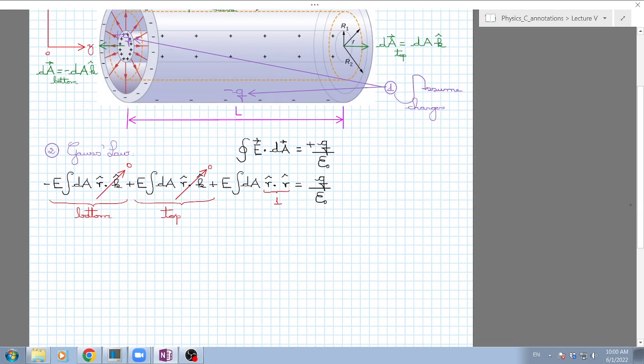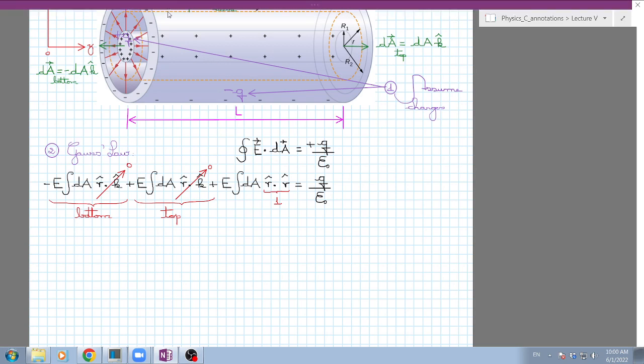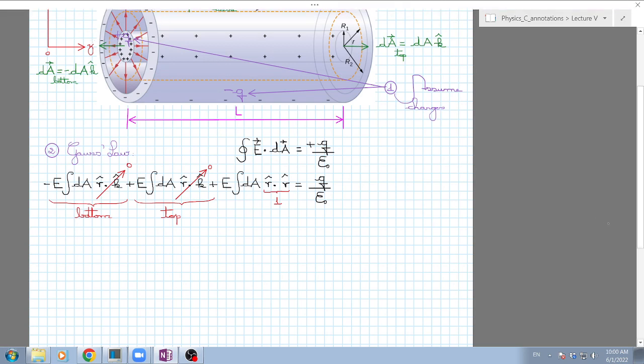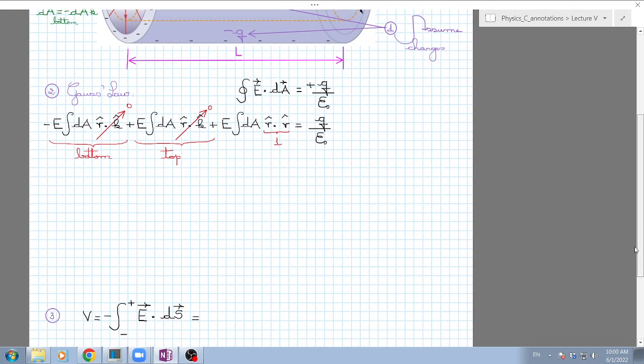So you just have to worry about this integral here. Let's solve it. The electric field is constant, so I'm going to have the electric field times the area.